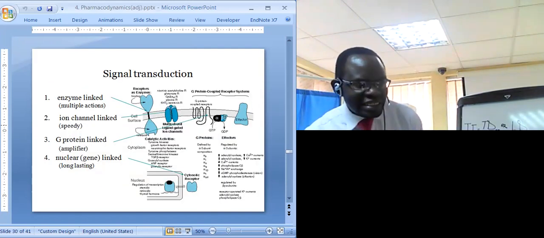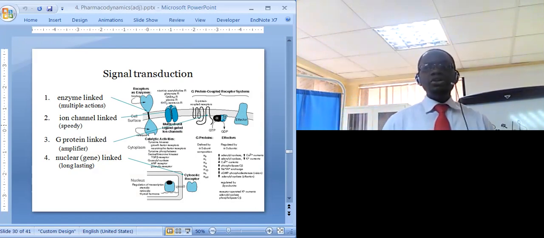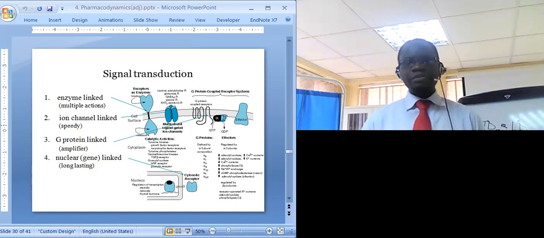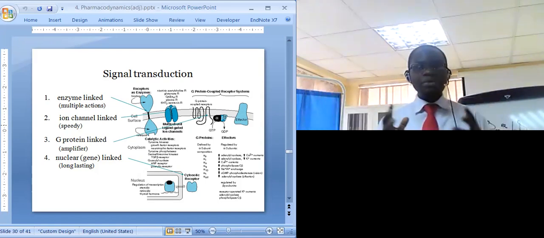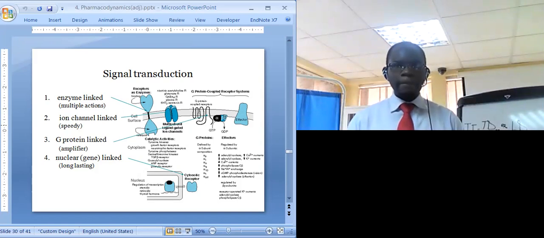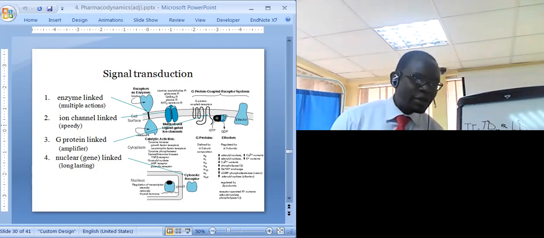This tells us that drugs have different receptors. All drugs do not necessarily have the same receptors.